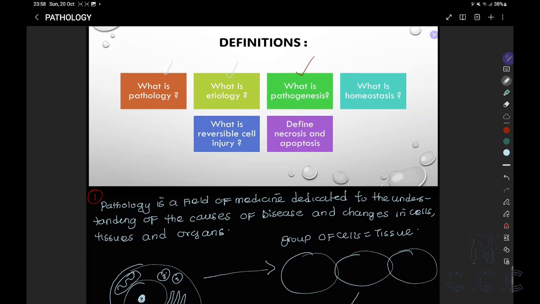Now, since we've gotten our definitions straight, we are going to go further to understand what cell injury literally is. I think we've actually defined it here also, and a bit of disease. So we are going further to understand the causes of cell injury, what literally can cause this process of derailment of function and structure of your cell.